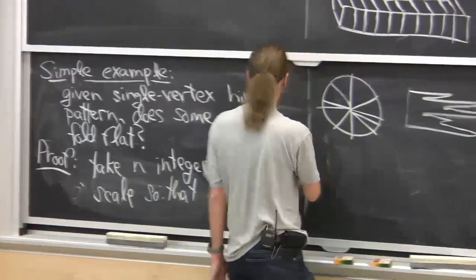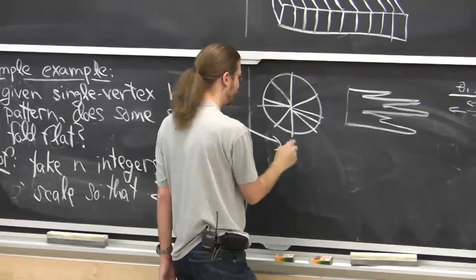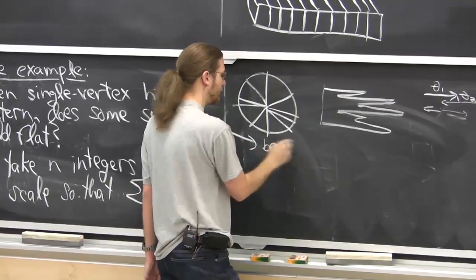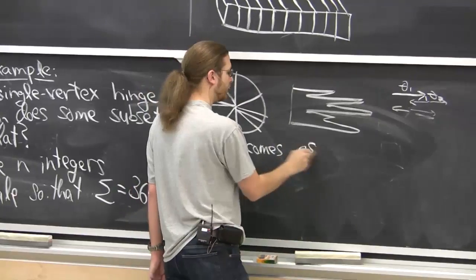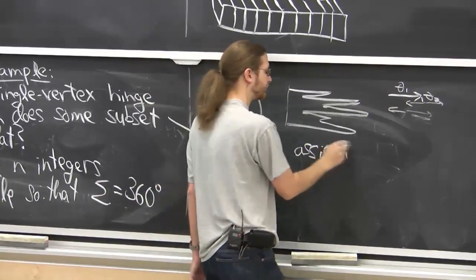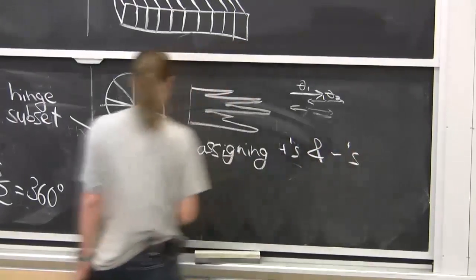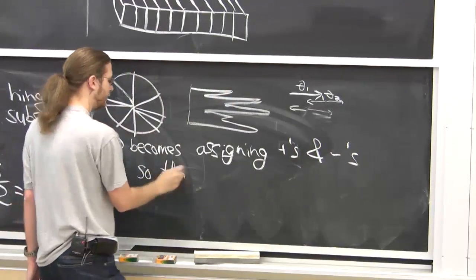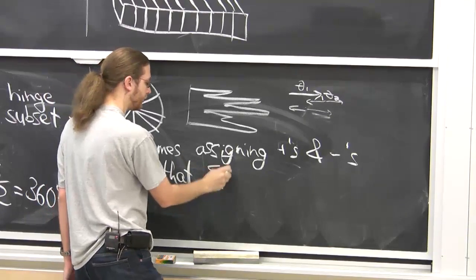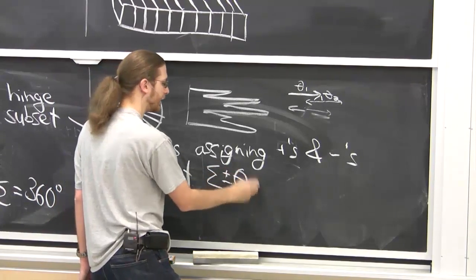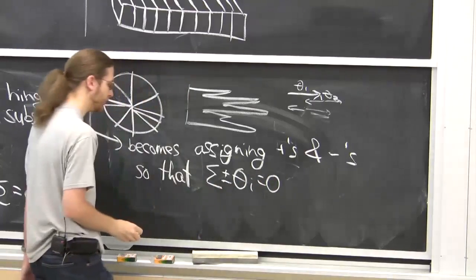So really, this problem becomes assigning pluses and minuses so that the sum with the appropriate pluses or minuses of the theta i's equals 0. That's the Kawasaki version.